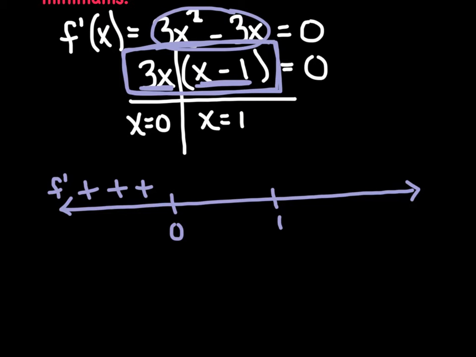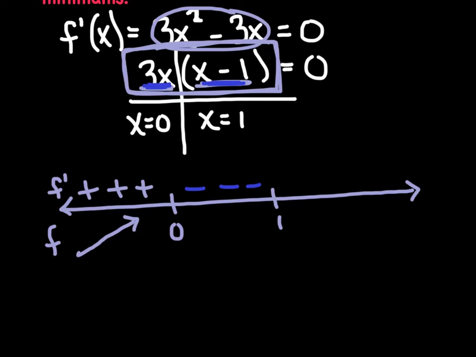Now what does that tell me about the behavior of f? That tells me that f is increasing over that entire interval. Alright, next interval. I can pick any number between 0 and 1. Probably the friendliest number in there is a positive 1/2. If I plug in a positive 1/2, I get a positive here and a negative there, and a positive times a negative is going to be negative.